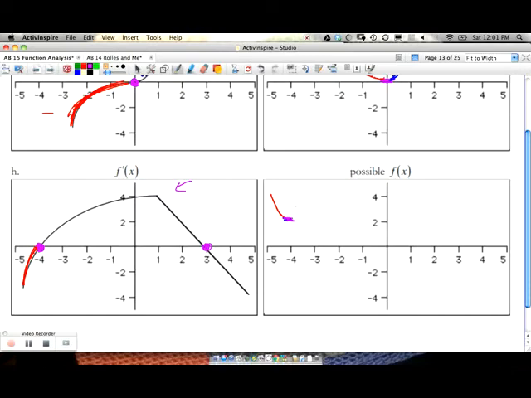Oops, I wanted purple for that. That's okay, there we go, fixed it. Now we're going to be positive after that. Then we make an abrupt change and start slowing down again. So it's going to be interesting to see how that plays out. We're going to go positive. We're slowly increasing, but then we flatten out really fast once we get to 3.